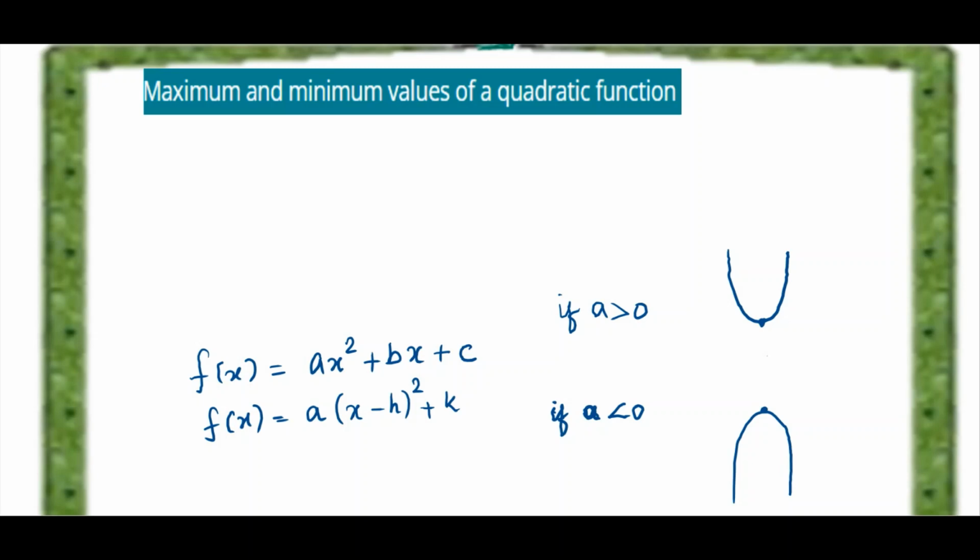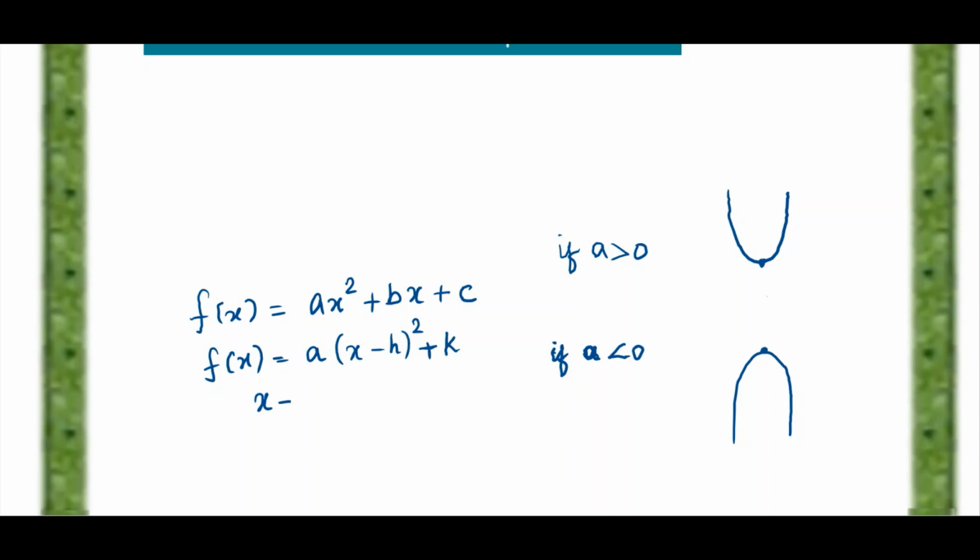Then the line of symmetry is x equal to h, which is equal to minus b over 2a. This is the line of symmetry of the parabola.